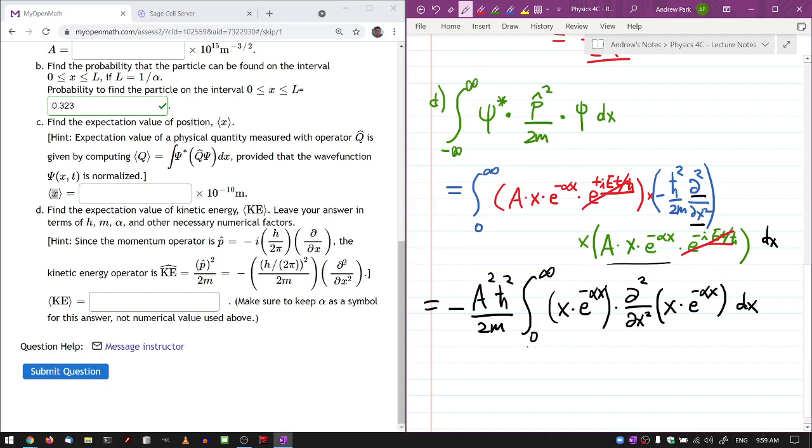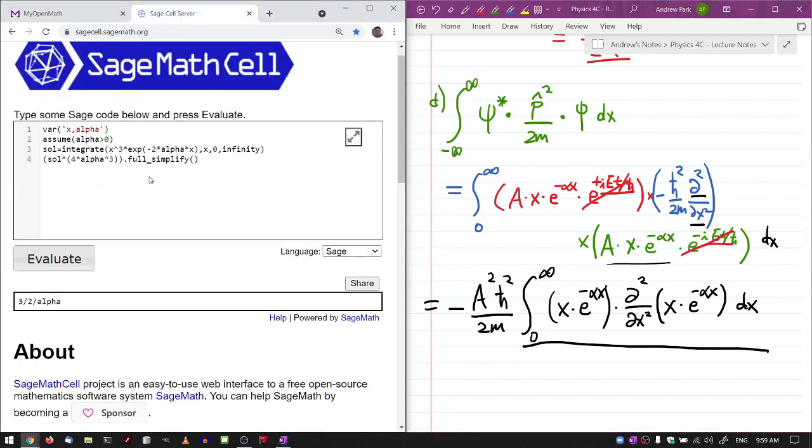I think from this point on, I'm going to use my computer algebra system. Let me just do this step by step so that I know what I'm doing here. I'm commenting these out so that for a few of my test calculations it doesn't mess up. So I think the function for differentiating is called differentiate. So I want to differentiate x times exponential of minus alpha times x with respect to x.